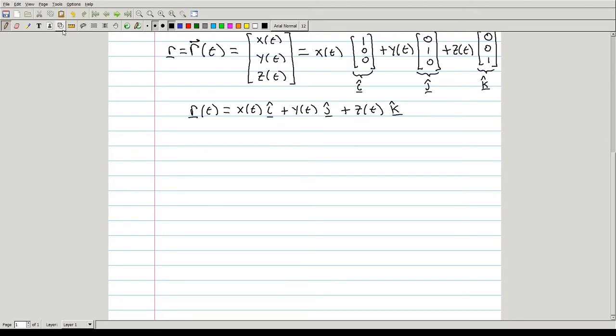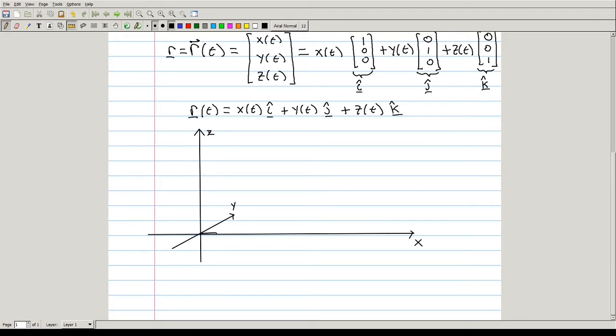And now I just want to draw a picture of what exactly this is giving us. Remember I said that we can apply the vector concept in any number of dimensions, and it's very useful in higher dimensions. However, this picture will just be in 3 dimensions, where we'll say that this is the x-axis, this is the y-axis, and this is the z-axis.